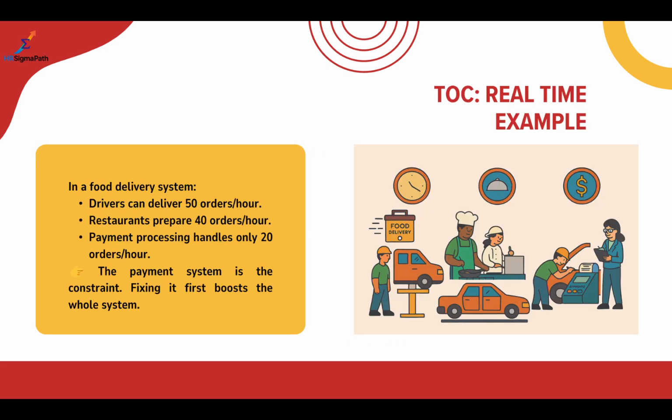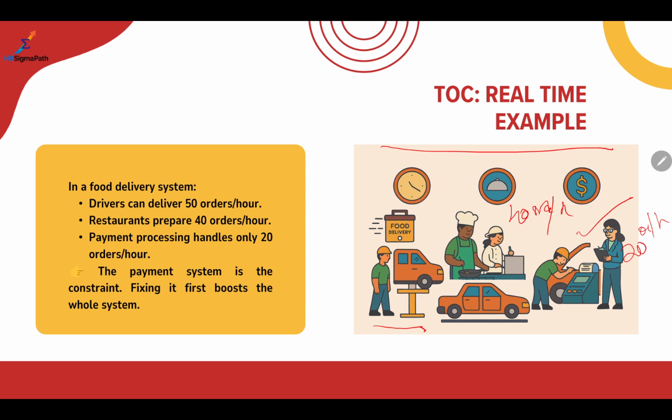Now there is a real time example here. In a food delivery system, a driver can deliver 50 orders per hour, the restaurant prepares 40 orders per hour, and payment processing handles only 20 orders per hour.